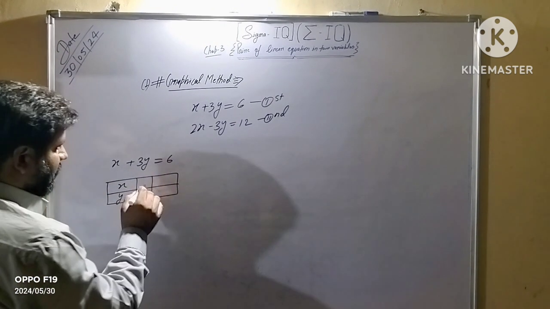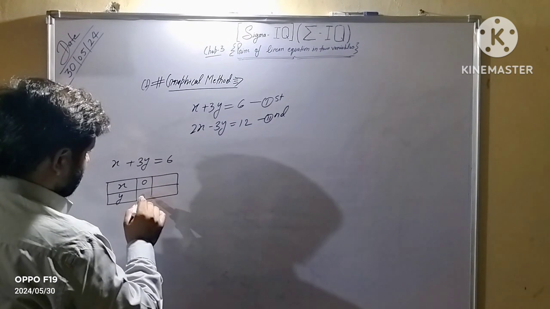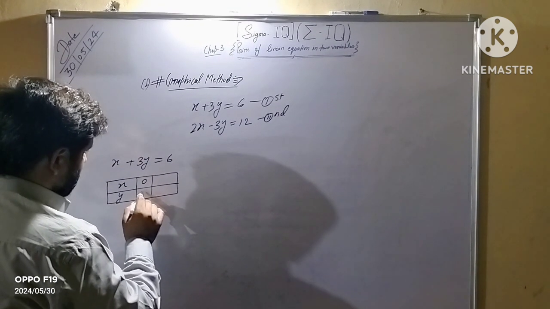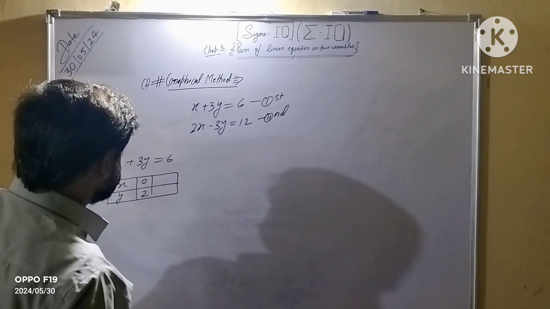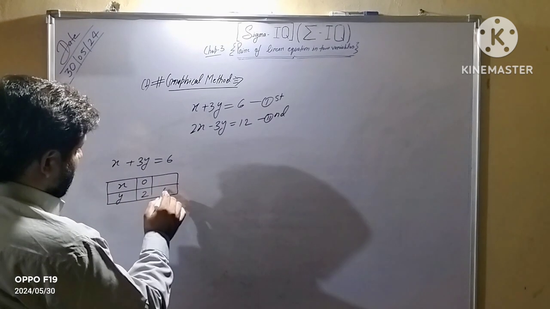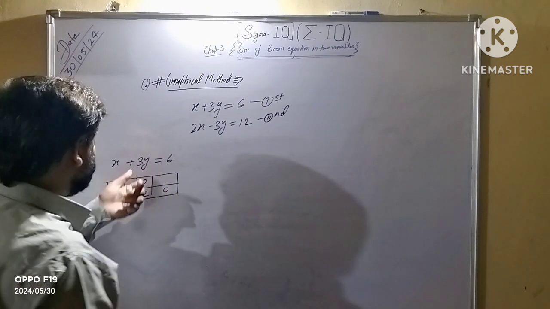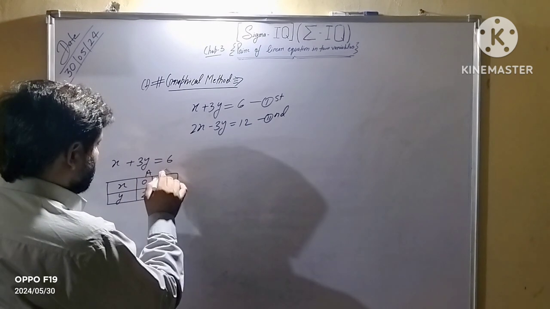If x equal to 0, then y equal to 2. Put x equal to 0 in this equation, then we get the y equal to 2. If y equal to 0, then x equal to 6. This is point A, this is point B.